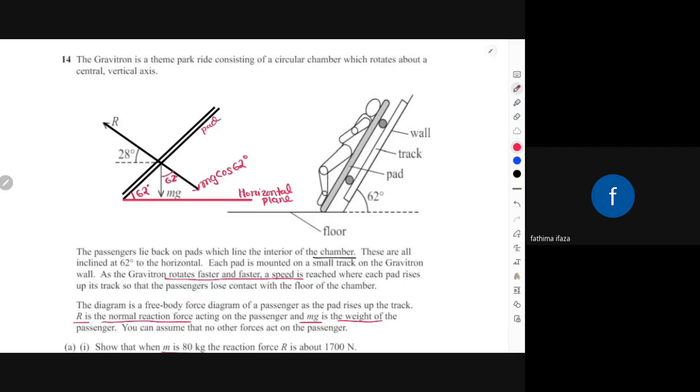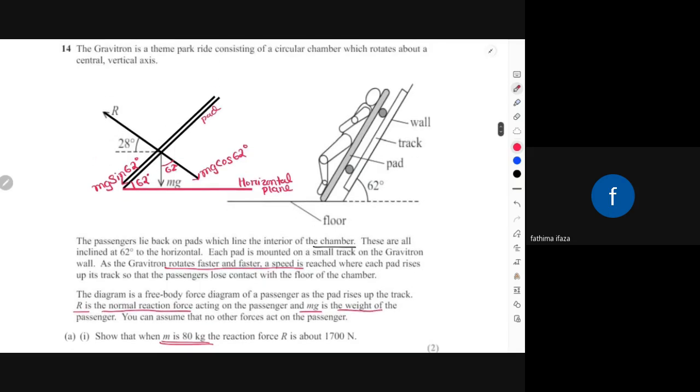And this is your reaction force. And over here, if I am distributing the forces, so let's just distribute all the forces, which is going to be mg sin 62 degrees. Okay. Now this is it. All the forces are distributed.